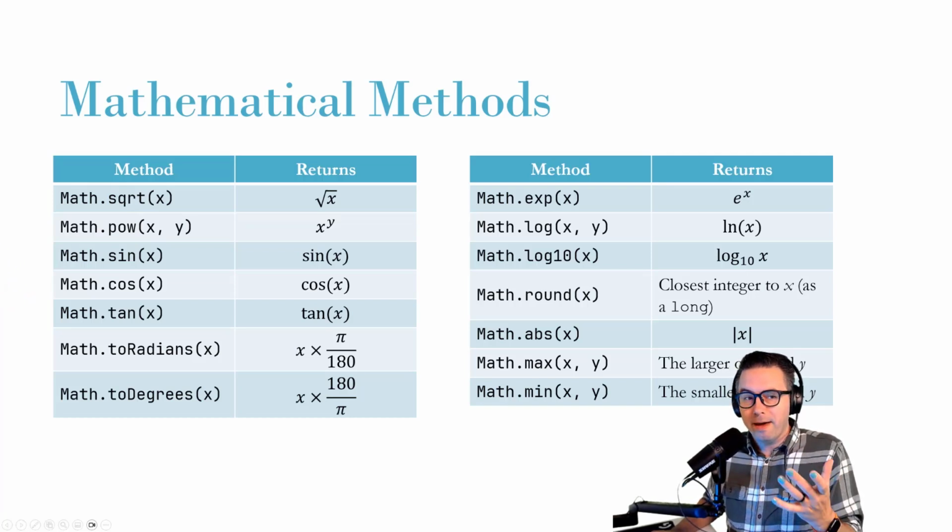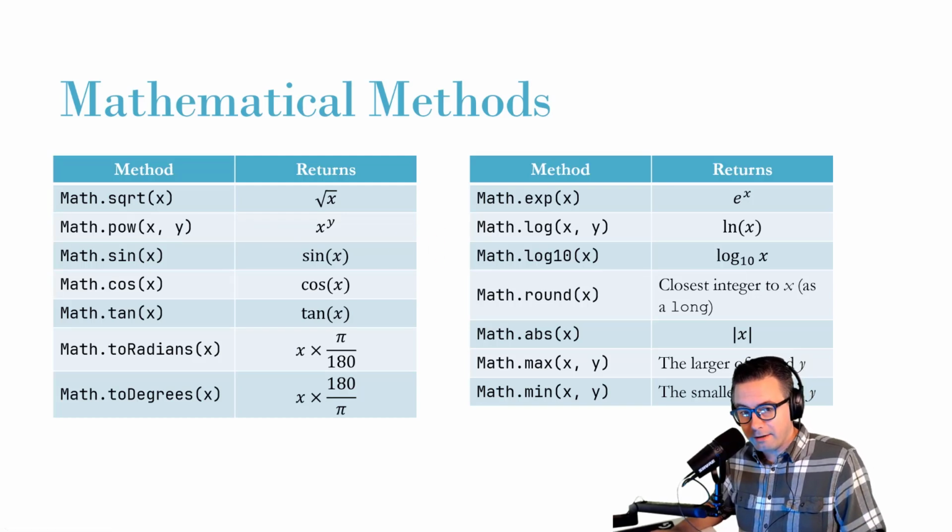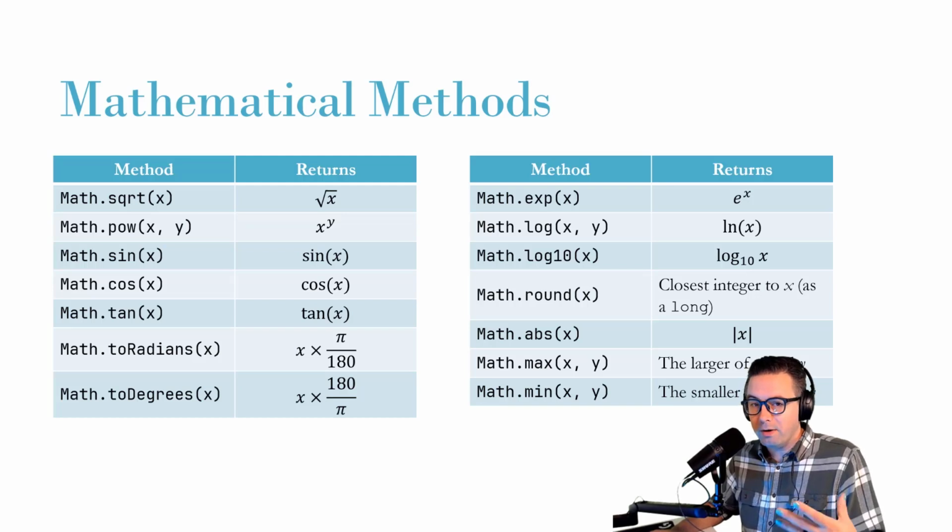You have to use Math.pow for powers. Pow is short for power. Then we have the exp, which is not exponent. Well, it is exponent, but it's the exponent of e. So you just put in the x and it gives that exponent. We have the natural log here, and then log base 10.